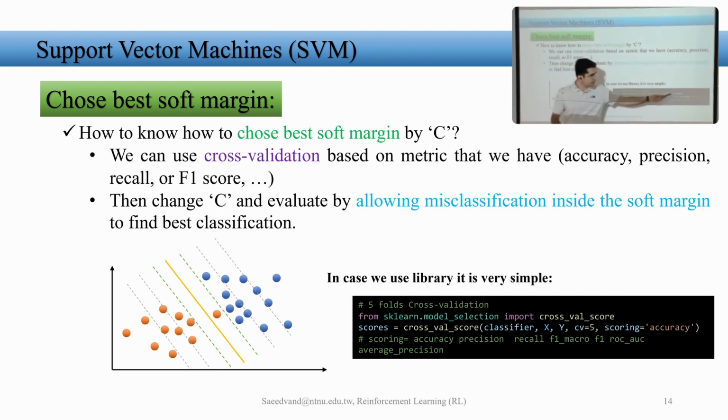So for scoring, I stated accuracy here, and you can change this. We already have precision, recall, F1 macro, and F1 itself. F1 is for binary, F1 macro is for multi-class. Just the names are a little bit changed, but both are the same metric that we discussed already in the last chapter, and you can also use average precision there. So it can do this whole process in 2 lines for you.